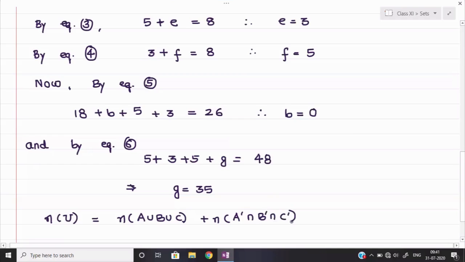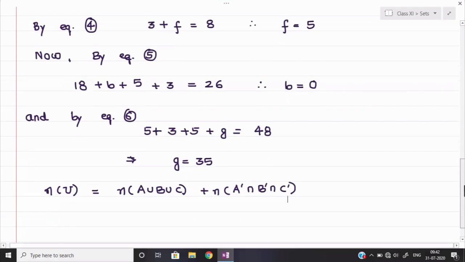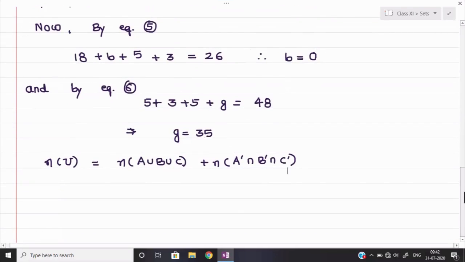Remember, neither A nor B nor C we express by A' ∩ B' ∩ C', and here neither-nor represents the symbol H, while A ∪ B ∪ C represents the values A plus B plus C plus D plus E plus F plus G.